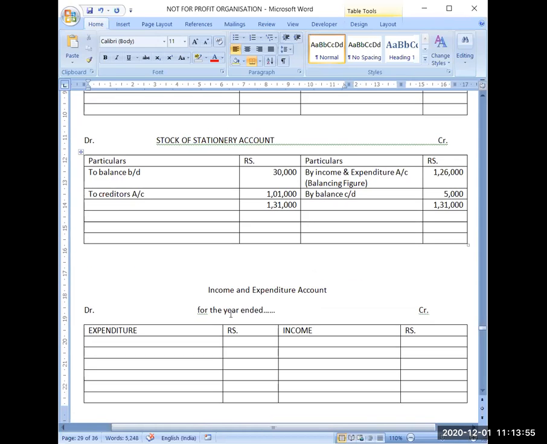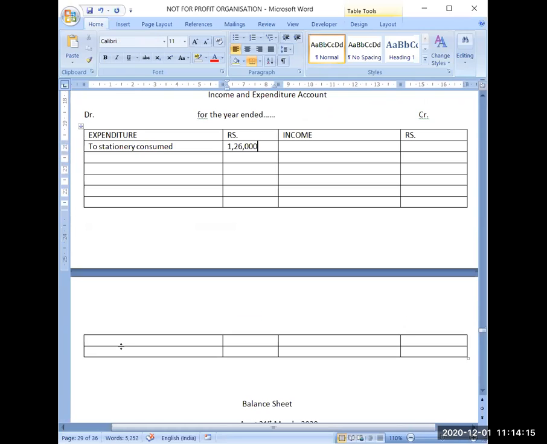Now when you will be preparing an expenditure account, you will write here stationery consumed, because it will be an expense for you. This is 1,26,000, because the question has asked you to show it in income and expenditure account also.